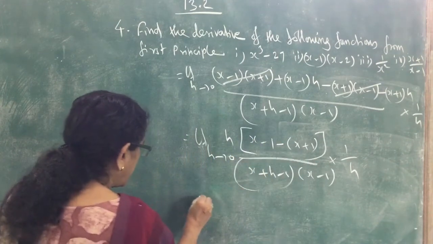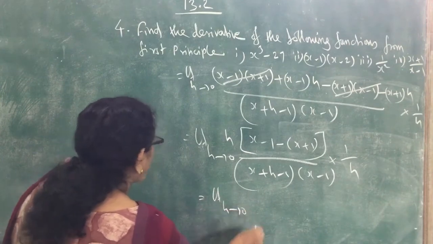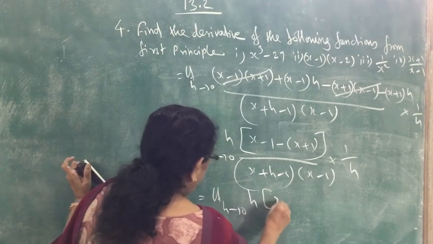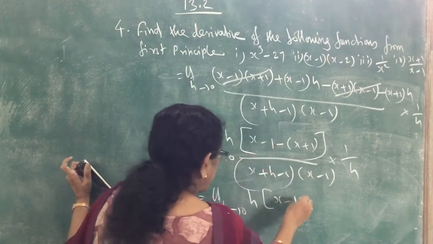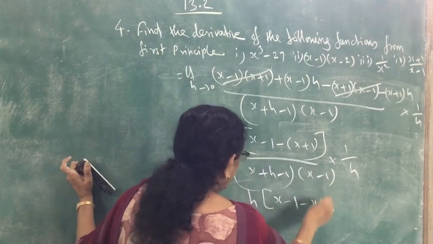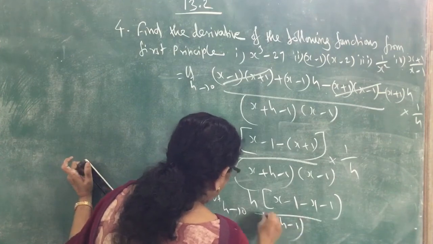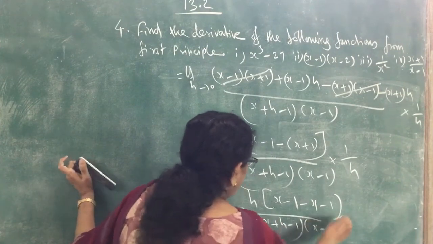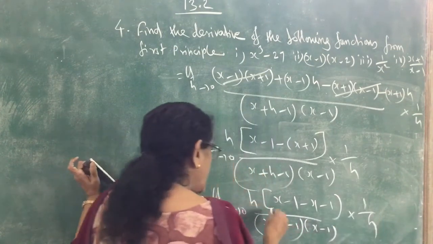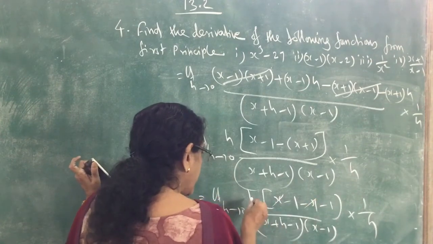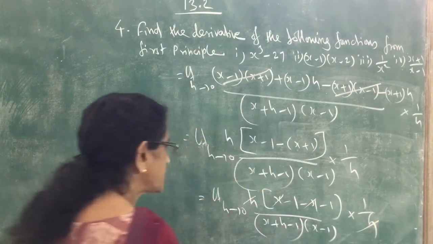So we can simplify, limit h tends to 0, h into x minus 1 minus x minus 1, whole divided by x plus h minus 1 into x minus 1 into 1 by h. So x minus x cancelled. This h and this h cancelled. So what is remaining?